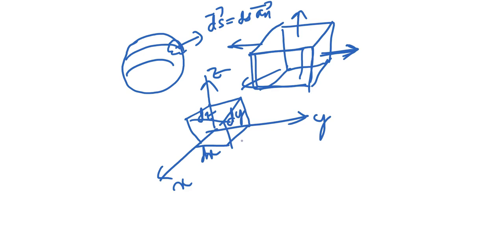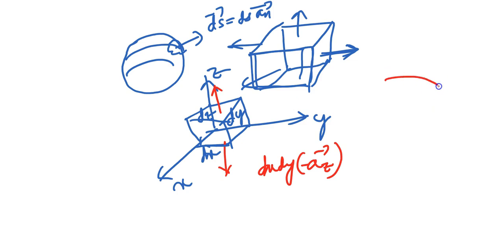This is a volume. Suppose I want to take the surface vector in the bottom plane. Obviously this will be dx dy times minus az, and if you take this surface, it will always be outward. Surface vector will always be outward.